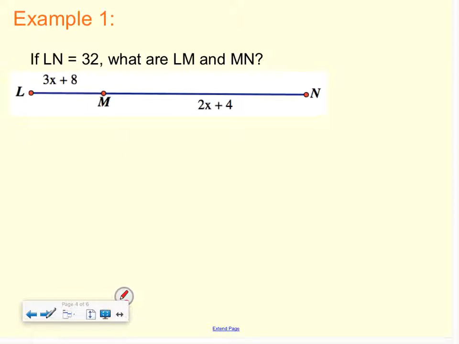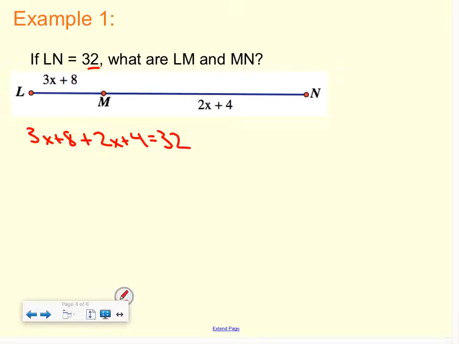Here we have a segment, and oh man, those are x's. We're back in algebra land. If LN equals 32, what are LM and MN? Using the segment addition postulate, LM, which is 3x plus 8, added to MN, 2x plus 4, has to equal the whole thing, which is 32.